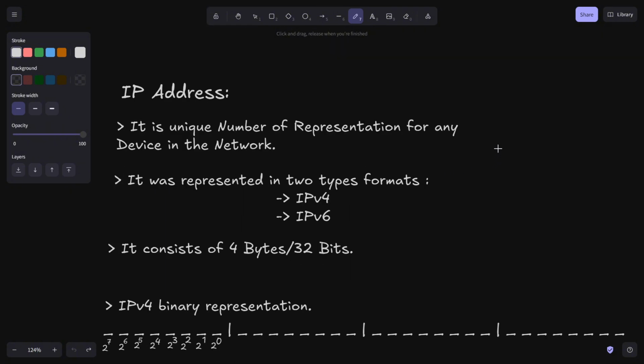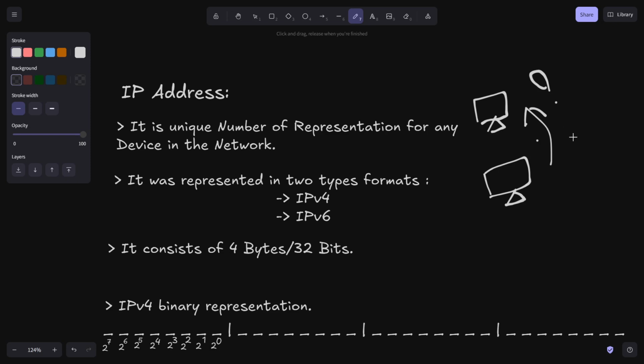An IP address is a unique number for representation of a device in the network. This means if you want to communicate a device on one network with a device on another network, we need to know the identity, right?